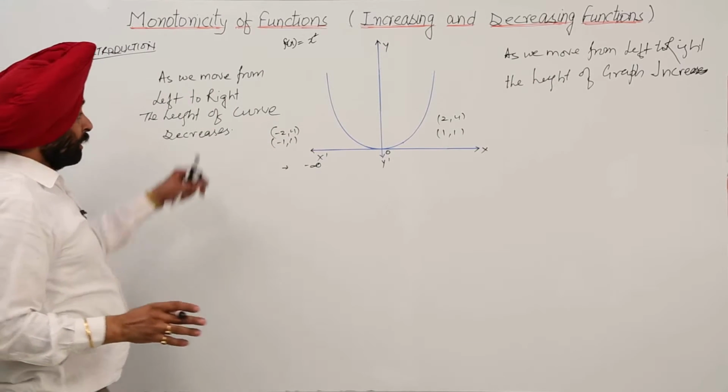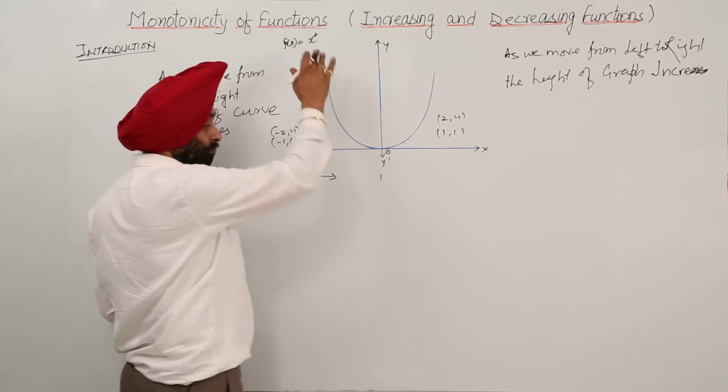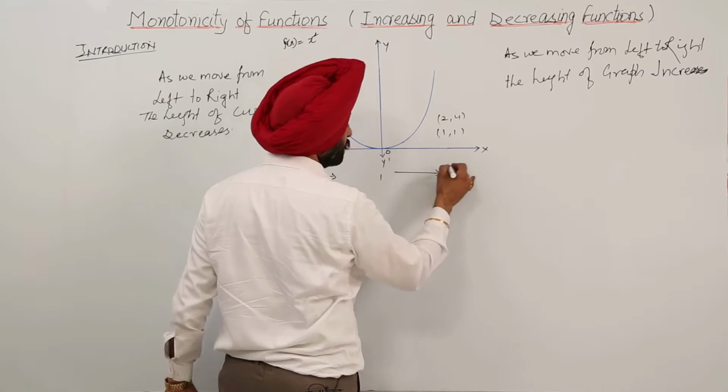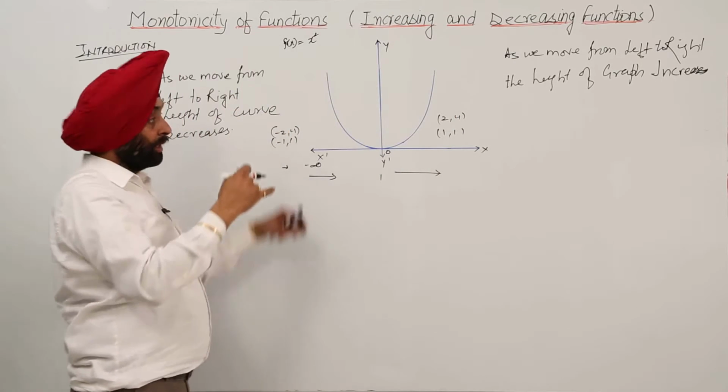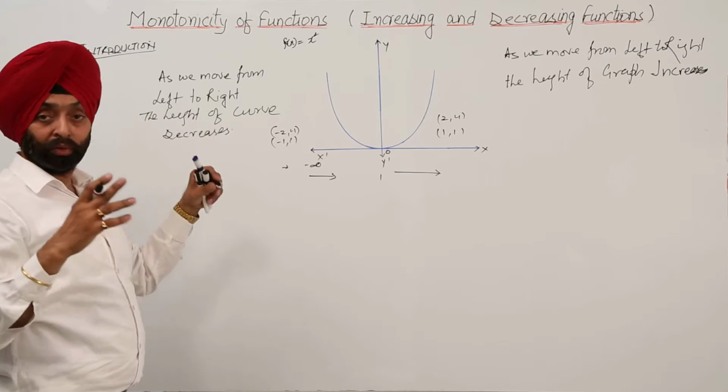Simple thing: when we move from this side up to here, the height is decreasing, and when we move from here to here, the height is increasing, and we get a simple graph for one simple function.